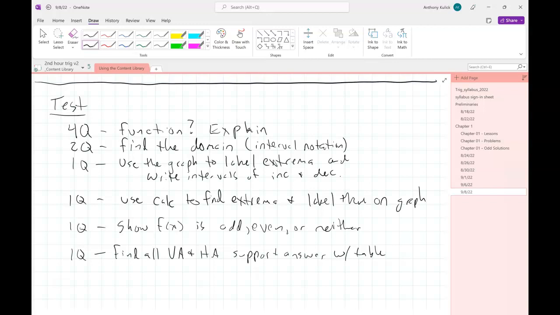So you're going to find all vertical and or horizontal asymptotes and then support your answer with a table.